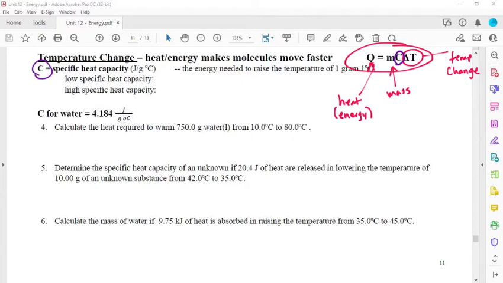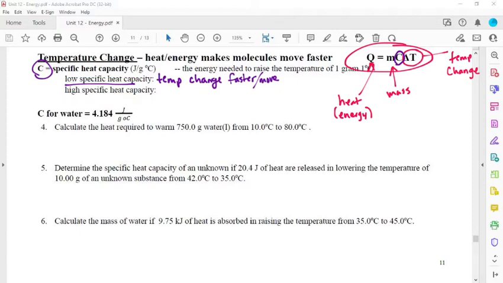So a low specific heat capacity means that I don't need much energy to make the temperature change. So the temperature will change faster or more than something that has a larger specific heat capacity. That means that they have a bigger capacity.